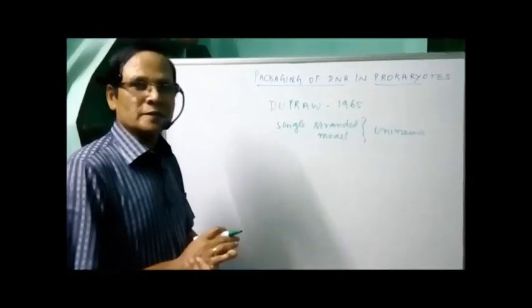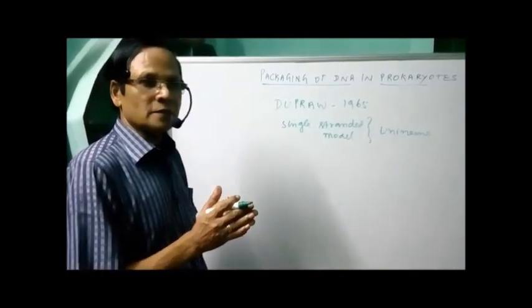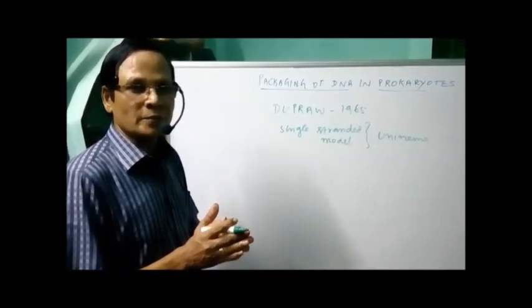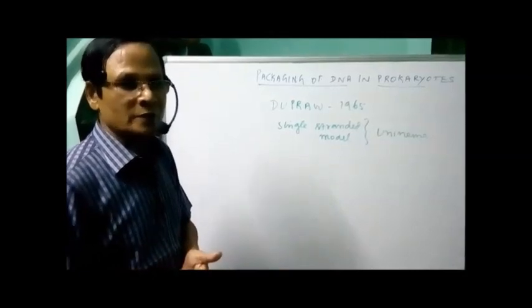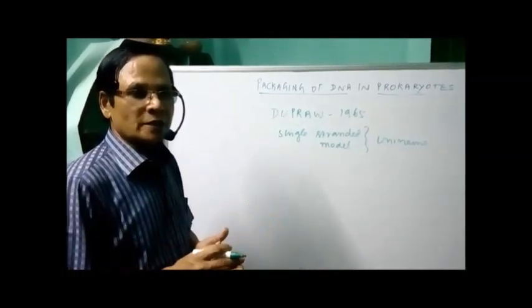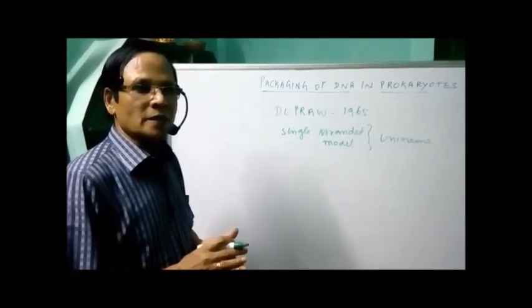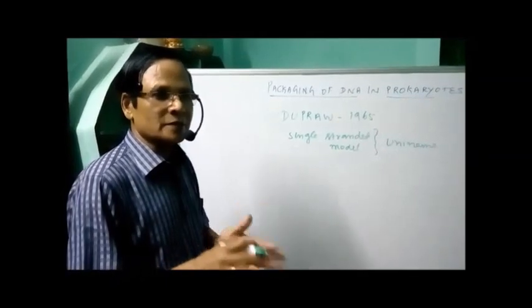Normally, the amount of DNA is more in animal and plant cells when compared to prokaryotes and bacteria. So the large DNA, a long chain of DNA, must be packed into the cell.